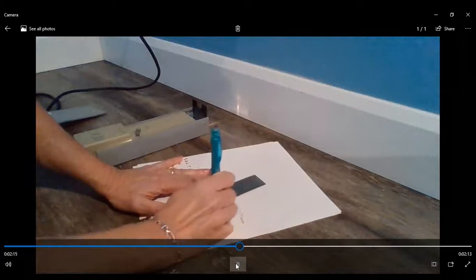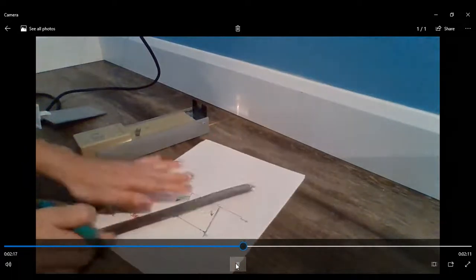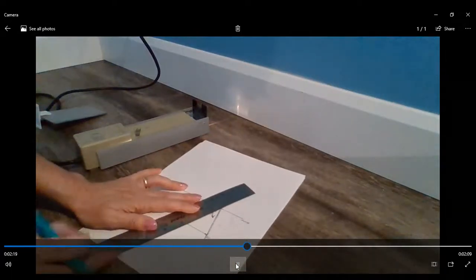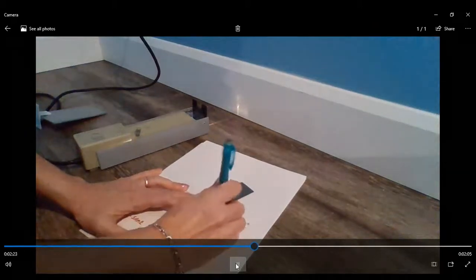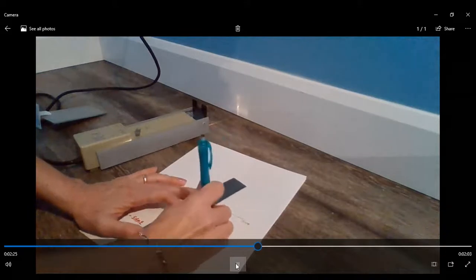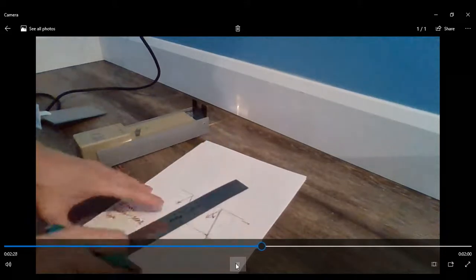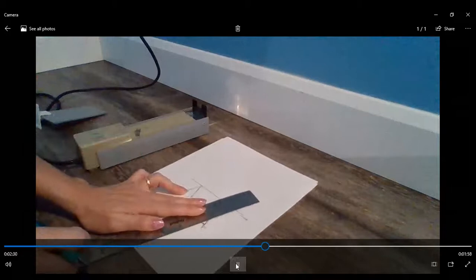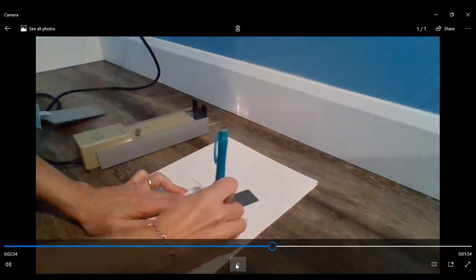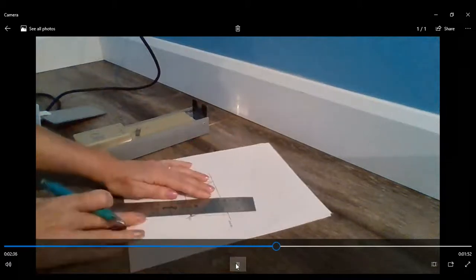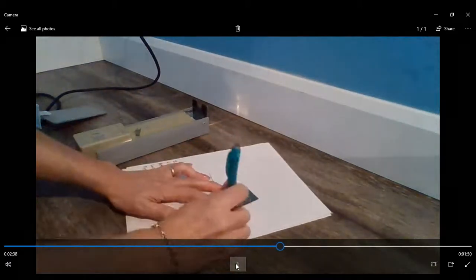I'm doing the same thing now, but for the other end, light in and light out, my reflected ray. And I'm going to do the same thing for my last one, because remember I did two beams on each end. And this will let me locate my image.